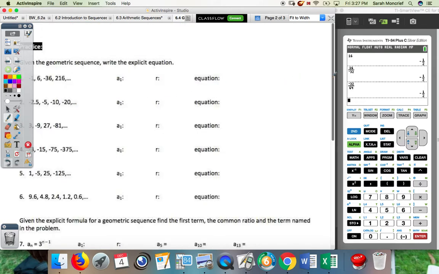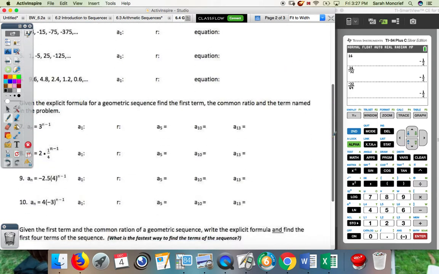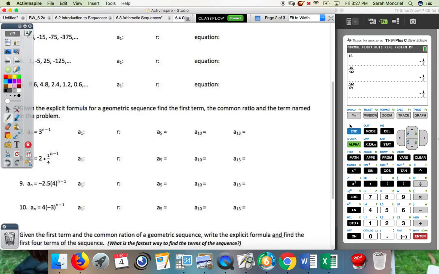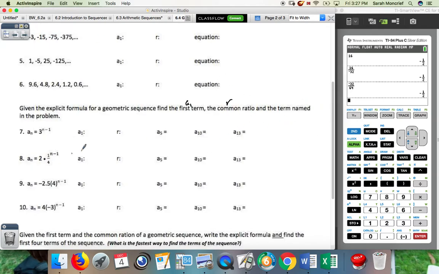Practice problem number 8. It says, given the explicit formula for a geometric sequence, find the first term, which is A1, find the common ratio, which is R, and the term named in the problem.